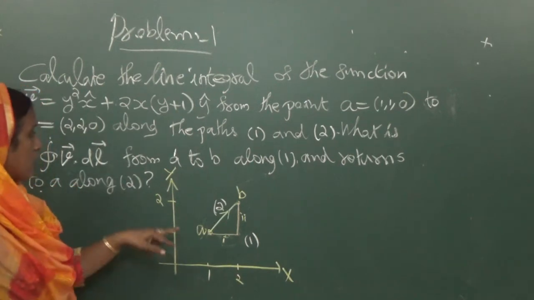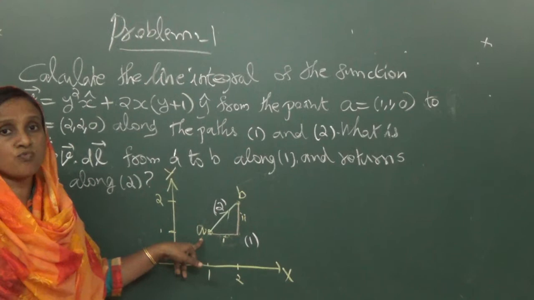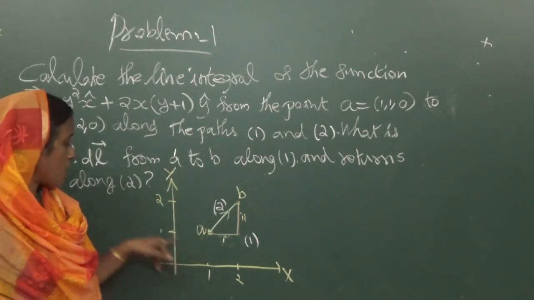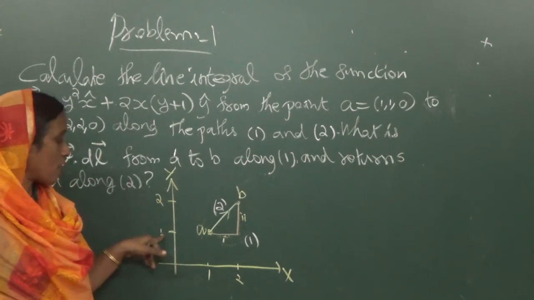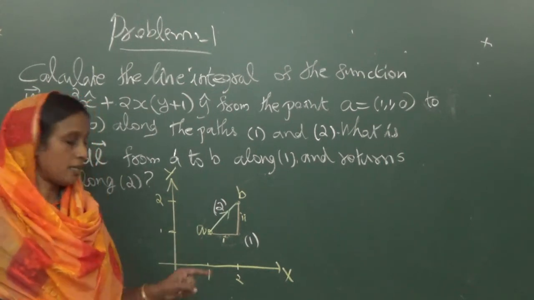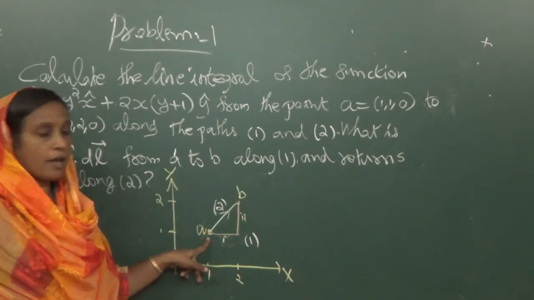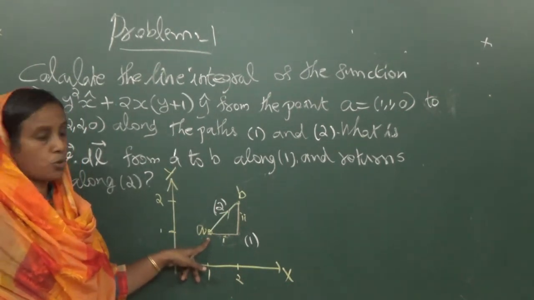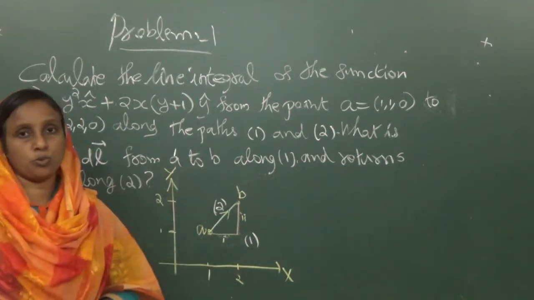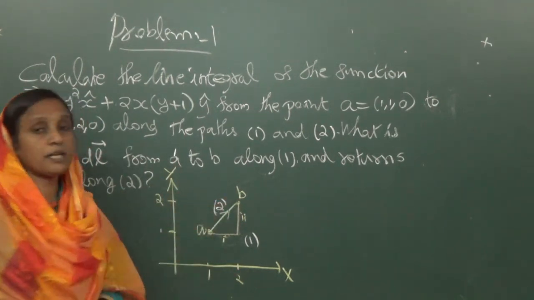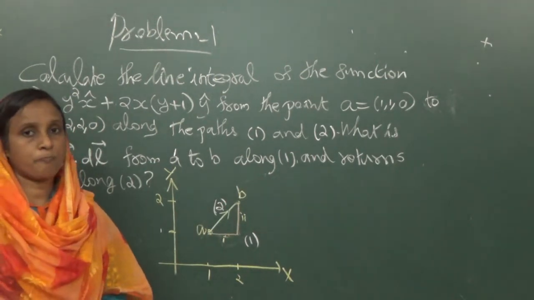It is given that a is (1, 1, 0): x coordinate 1, y coordinate 1, and there is no coordinate for z. So a equals (1, 1, 0) and b equals (2, 2, 0), because these points lie in the xy plane, so z equals 0.